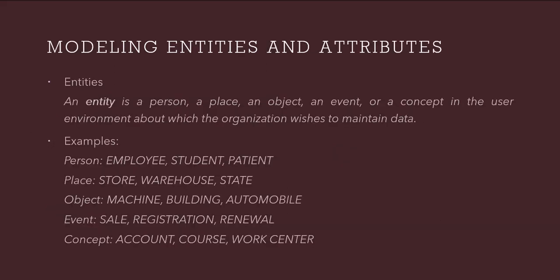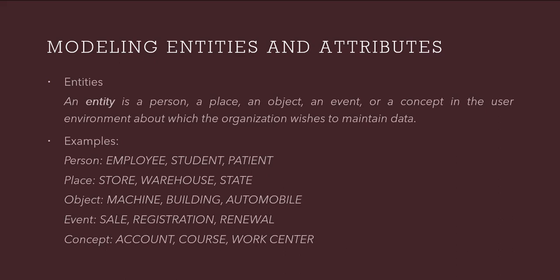Now, modeling entities and attributes. In this slide I will teach how we can model the entities and the attributes. Entity is a person, as stated, a place, an object, an event, or a concept in the user environment about which the organization wishes to maintain data. For example, a person can be an employee, a student, a patient.